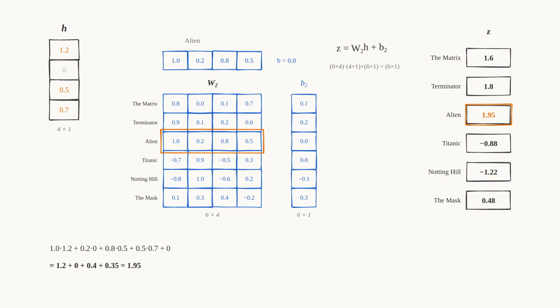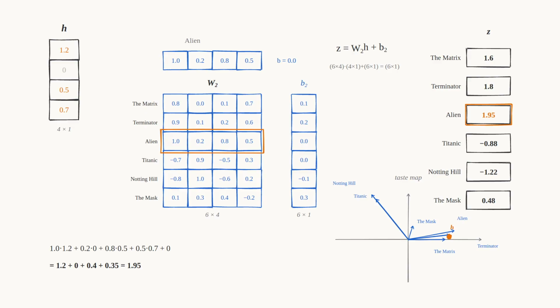The rest are computed exactly the same way, so here's the whole column. The Matrix, 1.6; Terminator, 1.8; Alien, 1.95; Titanic, minus 0.88; Notting Hill, minus 1.22; The Mask, 0.48. And it reads sensibly: Alien in the lead, unwatched sci-fi. The romance is deep in the negative. The fresh flag on Titanic worked against it through the third detector.